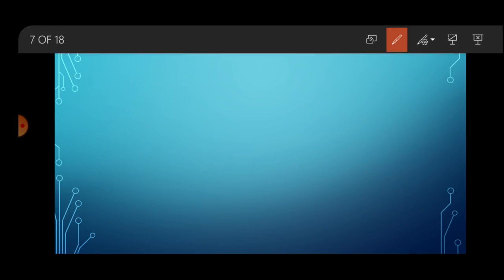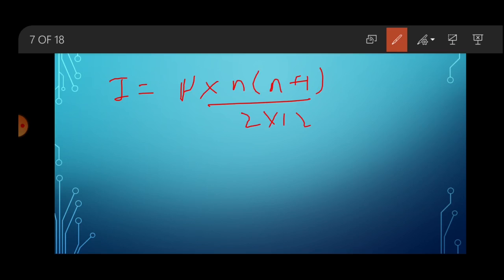So interest is given by I is equals to P into n plus 1 upon 2 into 12 into R by 100. So I is your 5880.